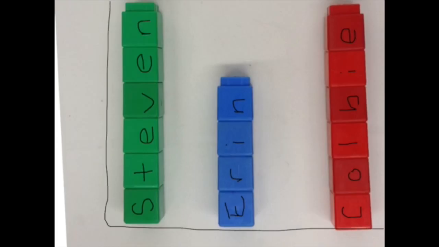Bar graphs use a scale to show how much each bar is. Sometimes it starts at 0 and counts by 1s. Sometimes it counts by 2s or even 5s or 10s. We call that the scale.